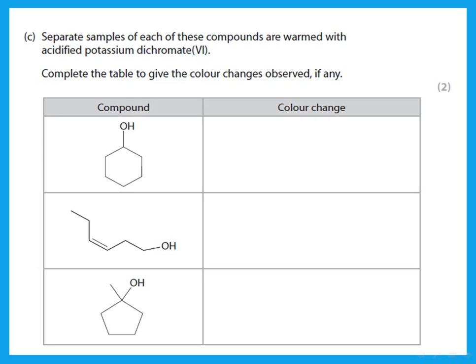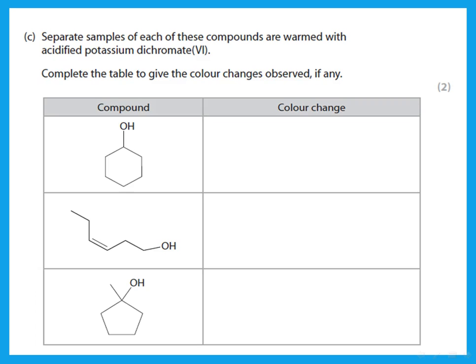And then he says separate samples of each of these compounds are warmed with acidified potassium dichromate. Now, remember, acidified potassium dichromate was what? It was an oxidizing agent. It oxidizes primary or secondary alcohol. Remember that a tertiary alcohol would not react with an oxidizing agent.